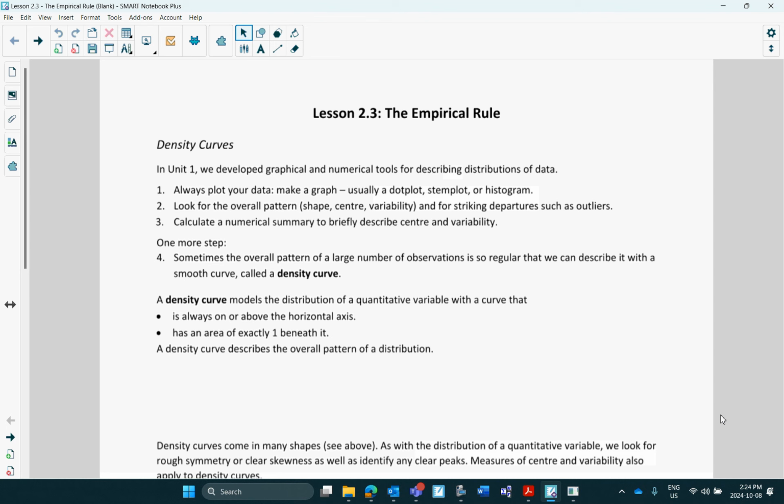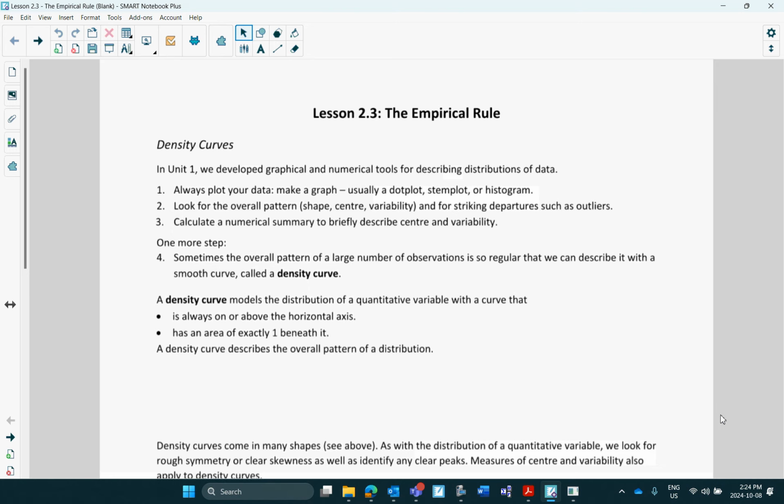And then the third step is we can actually calculate some of these values. Like we can calculate a couple measures of center, median and mean. We can calculate 3 measures of variability. What are the 3 measures of variability? IQR, standard deviation, range. Excellent. And we can calculate outliers.